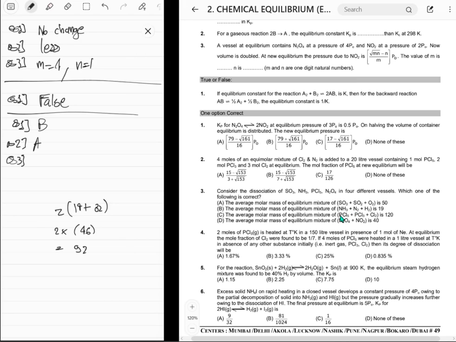What's the average molar mass of equimolar SO2 and O2 mixture? That will be average of those two. SO2, that's like 4 times of oxygen. And O2 is 2 times, so it's like 6 times of oxygen. Yeah, 6 times of 16 upon 2, that's gonna be 3 times 16, like 48.